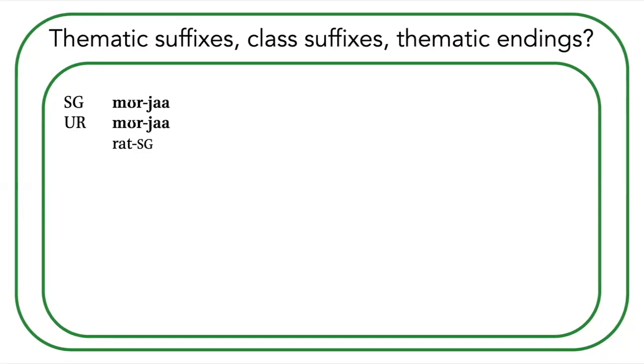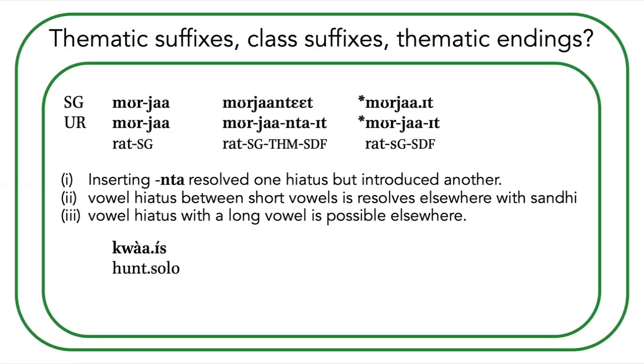So for example, he gives this example of the word for rat, which has a singular suffix, and when it is inflected for definiteness, it receives a thematic segment, nta. And in theory, this thematic segment is being added to avoid hiatus between ya and it, so that we don't get hiatus in a word like muriaet.